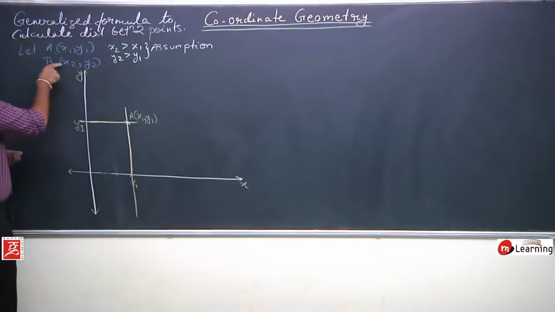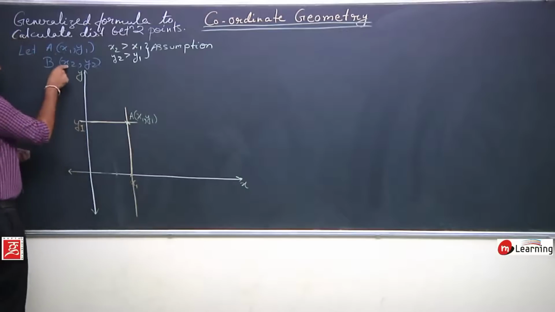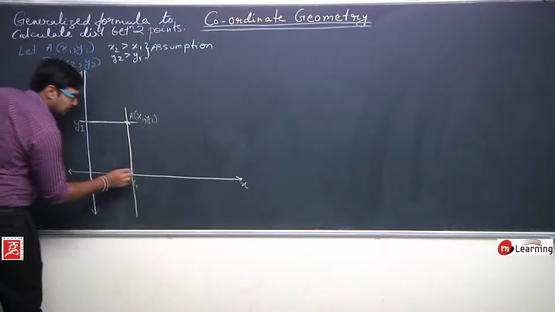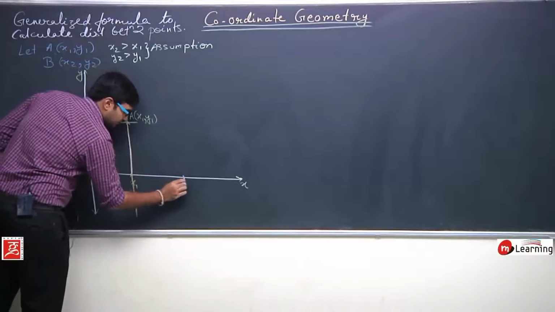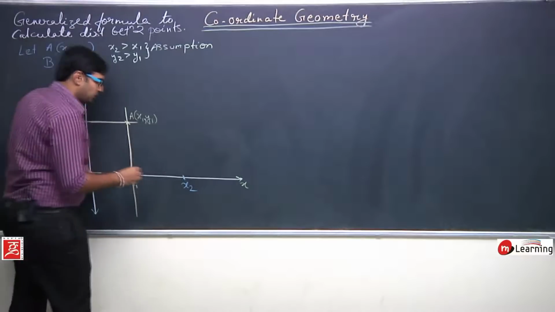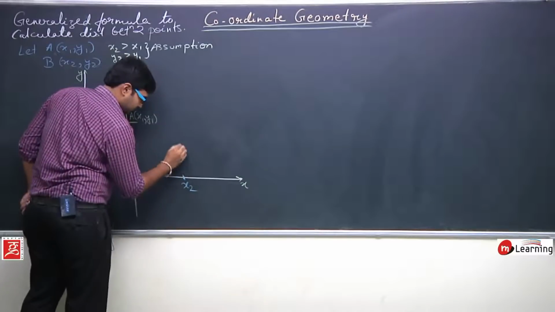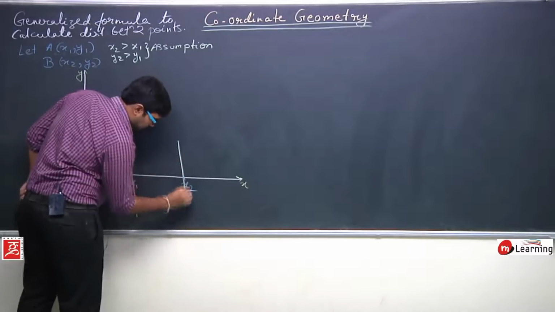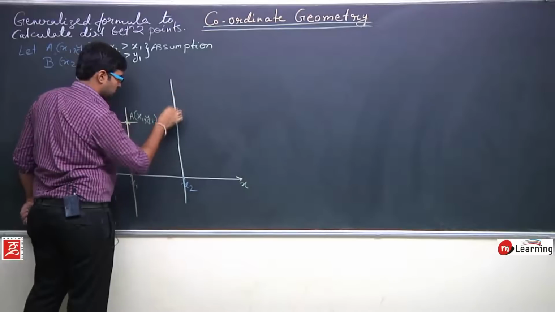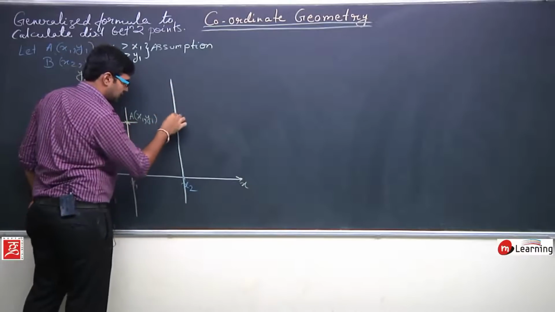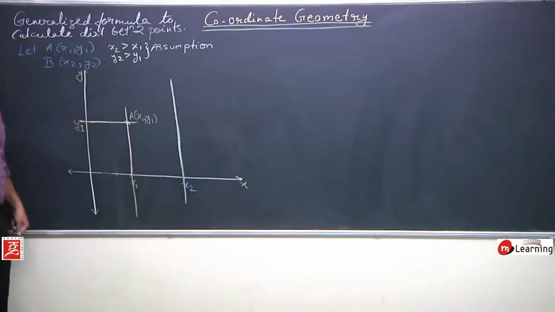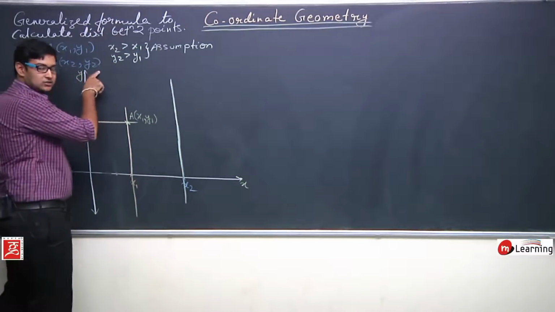So to plot B x2, y2, I need to go to x equals x2. Let us say x equals x2 lies somewhere here. This is x2. Now I am going to draw a perpendicular at this point. Similarly, I want to locate y equals y2.